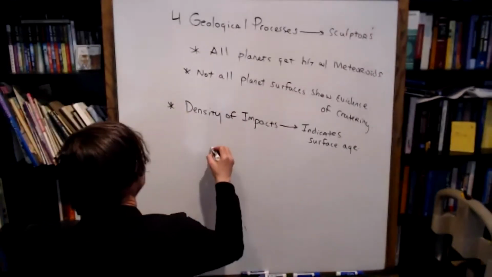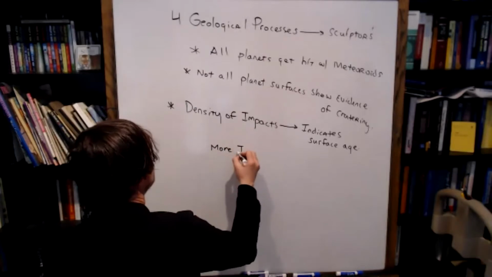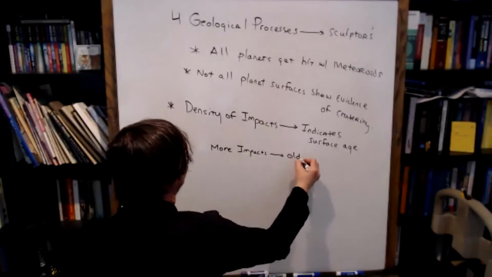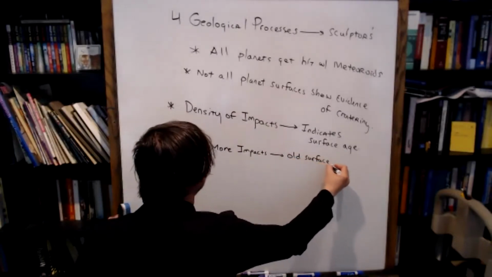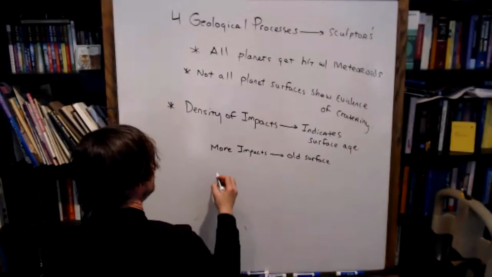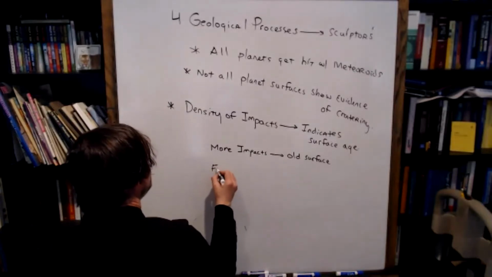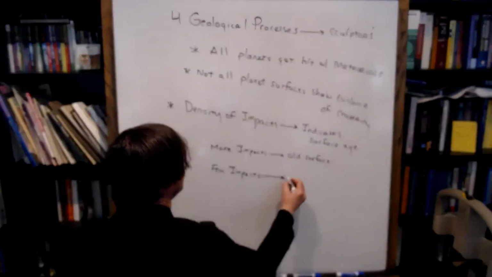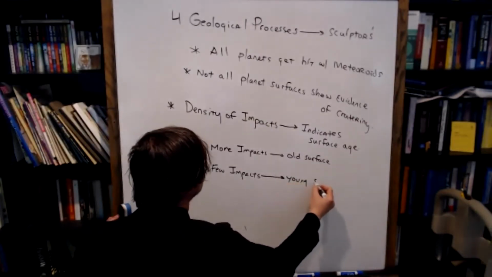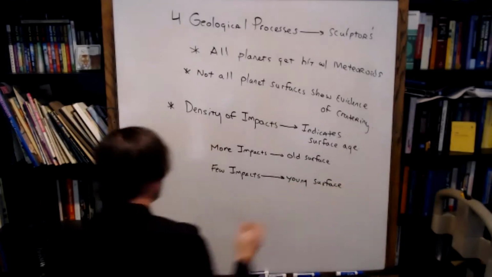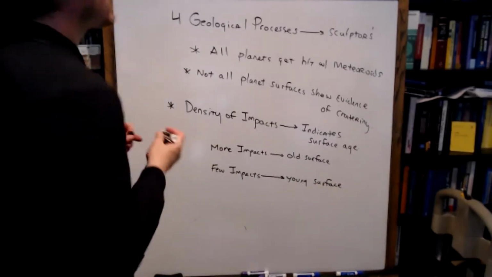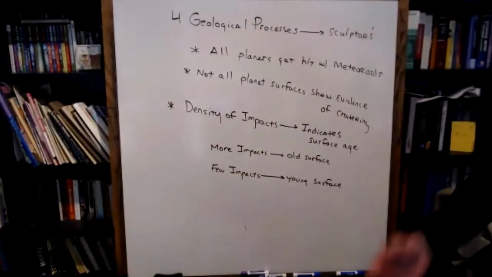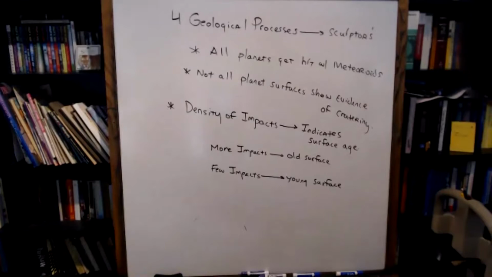Obviously, more impacts implies an old surface, one that's been sitting around getting pelted over time, and fewer impacts or no impacts indicates a young planetary surface. So impact cratering, from a planetary science point of view, is a really excellent indicator of the history of what happened to a planet over time.